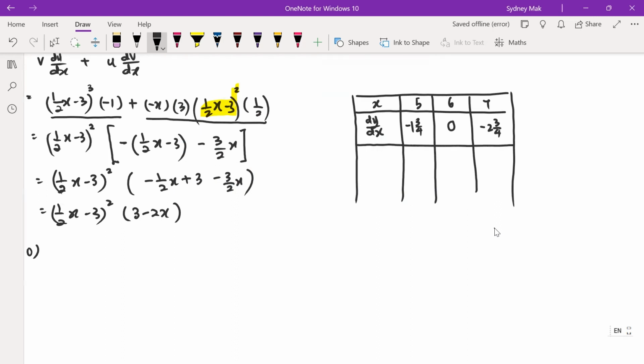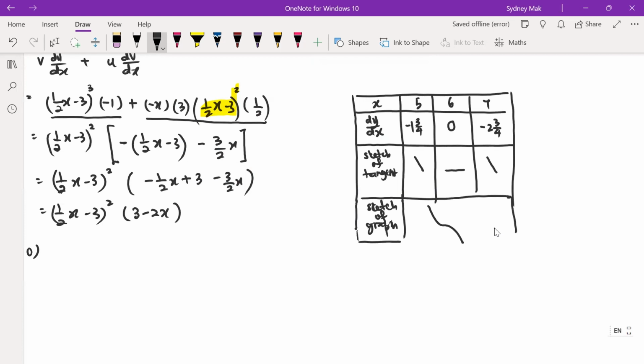We know that dy/dx is actually the tangent, so we sketch the tangent. When it is 0, it's a horizontal line. When it's negative, it's going downhill, both going downhill. And then from here, you can sketch the graph. Going downhill, then go flat and downhill again.